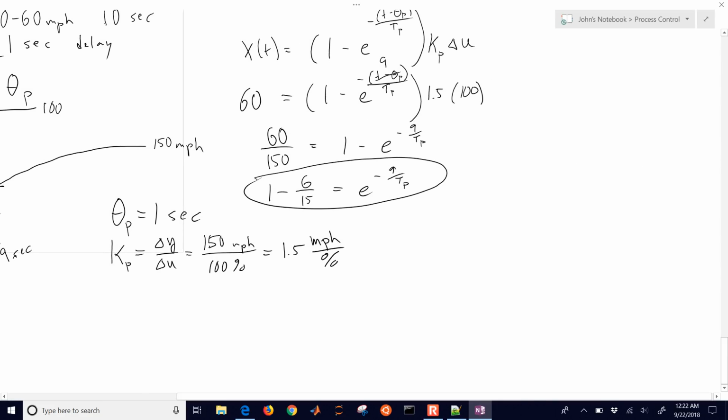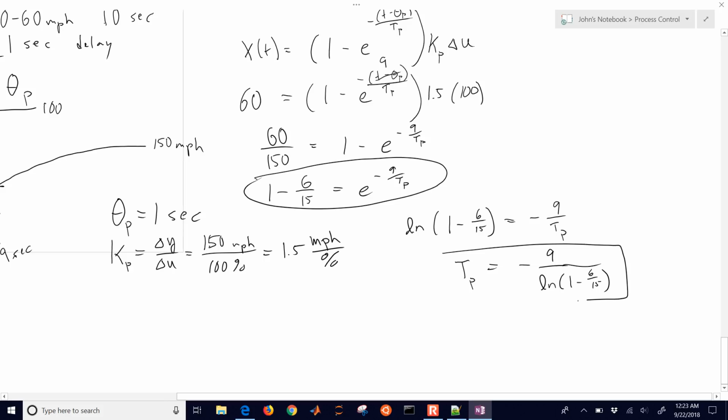Take the natural log of both sides. So the natural log of 1 minus 6 over 15 equals negative 9 over tau p. And so tau p is going to be equal to negative 9 over natural log of 1 minus 6 over 15. Okay, so we were able to get our time constant.